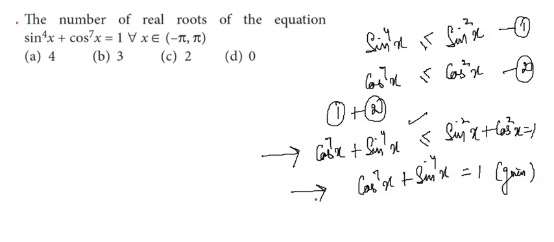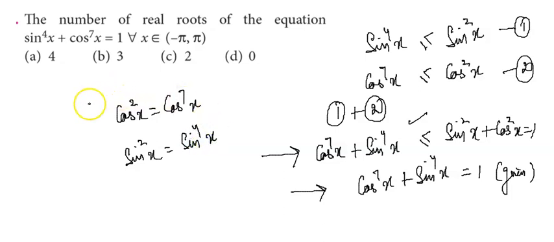That means these two conditions hold only when cos square x is equal to cos to the power 7 x and sin square x is equal to sin to the power 4 x. That means these two terms should be equal.